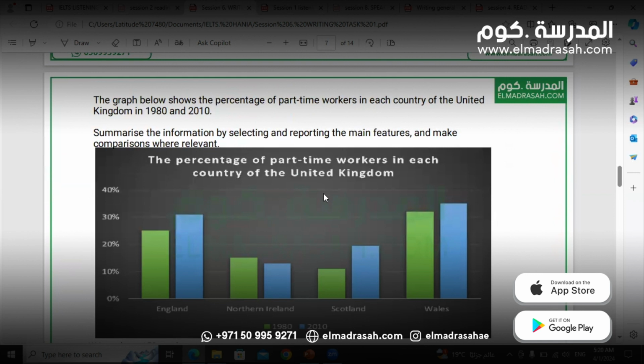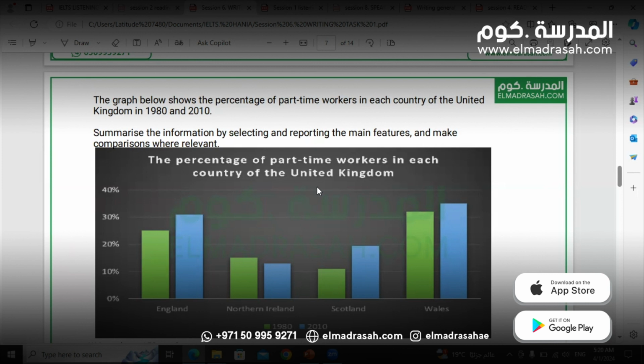It's like here, for example, a graph like this, and it shows the percentage of part-time workers in each country of the United Kingdom in 1980 and 2010. So I will summarize and compare all the features that I see here about this percentage of part-time workers in each country of the United Kingdom. This will be done according to specific rules in the writing section.